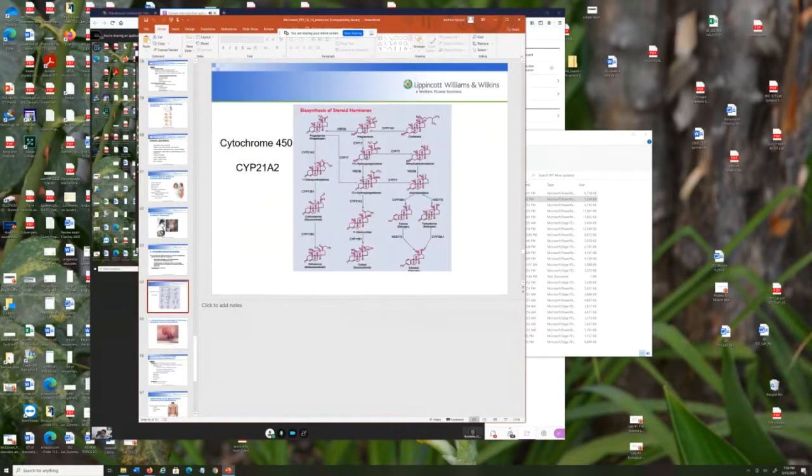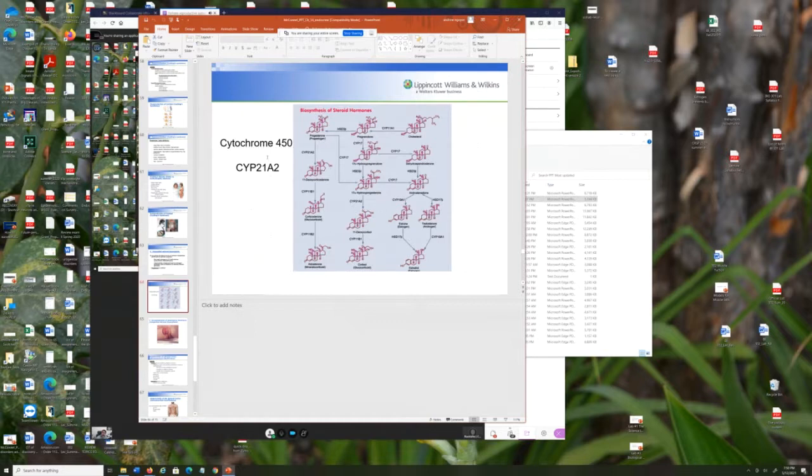So you know that the adrenal cortex puts out steroid hormone, right? And in steroid hormone, the synthesis always starts with cholesterol. From cholesterol, you can make progesterone, estradiol, testosterone.